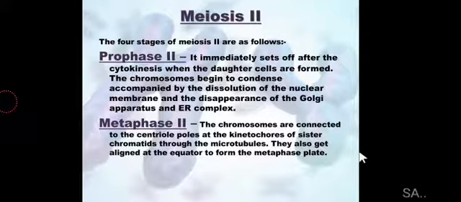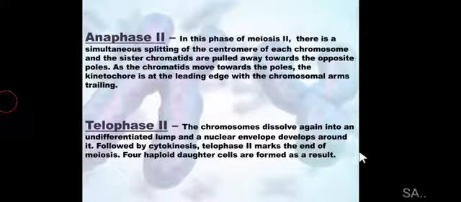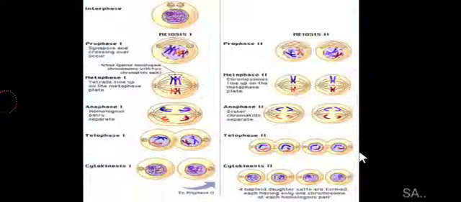We'll continue with meiosis 2 here. I have just mentioned all the phases here. You can go through this description. Okay, we'll see a short summary of meiosis 1. What happened in meiosis 1? In meiosis 1, the parent cell was entering into meiosis 1 that was having four phases.